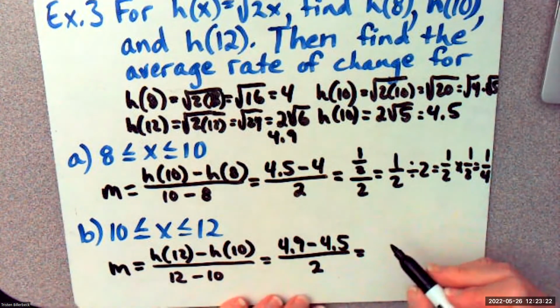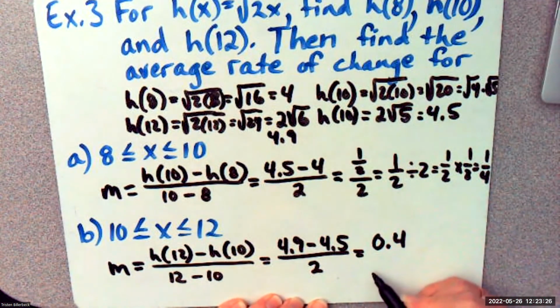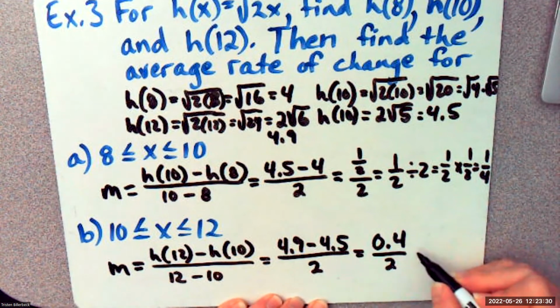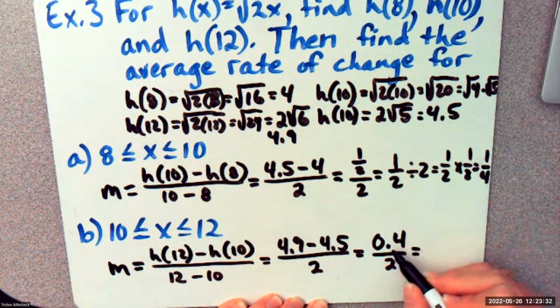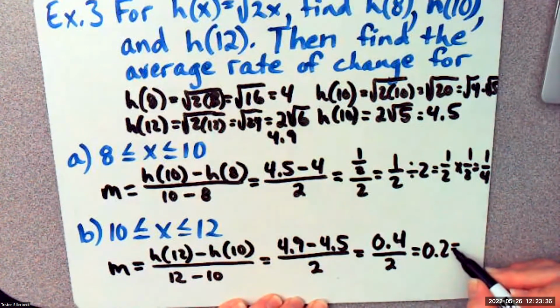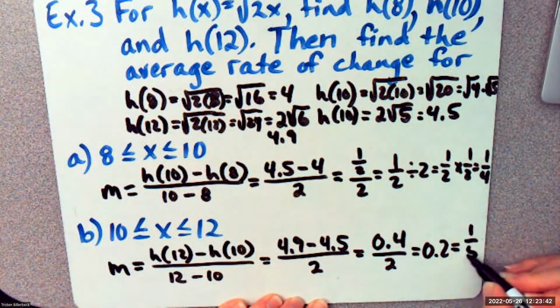So that's going to give us 0.4, and then we're dividing it by 2, and that's going to be 0.2, or in fraction form, that's 2/10, which is 1/5.